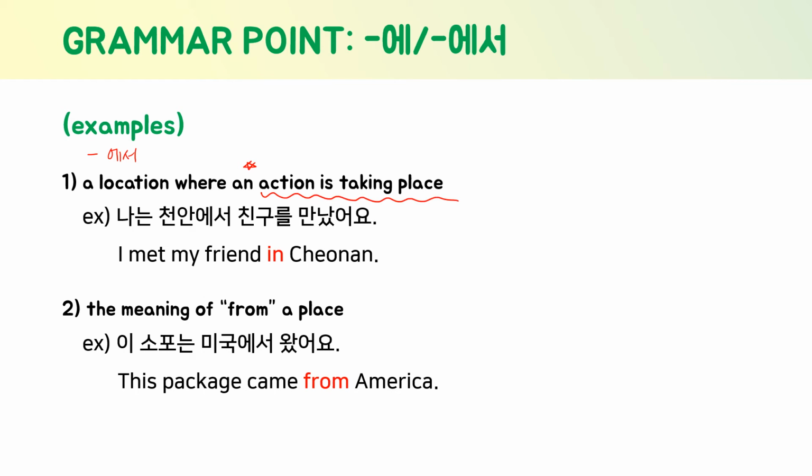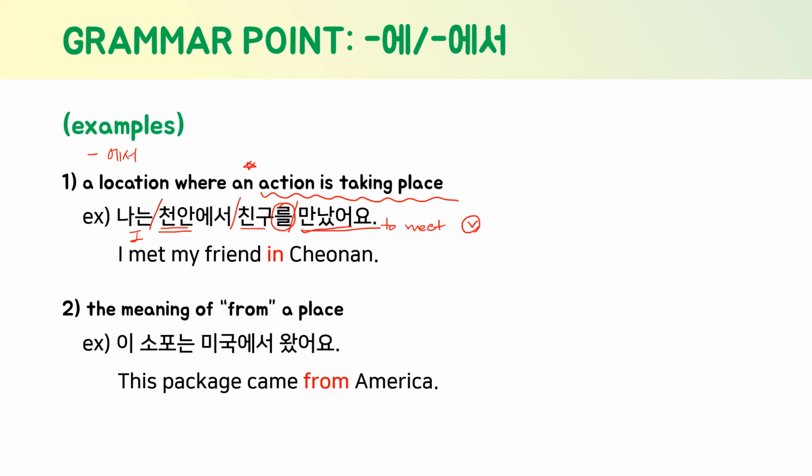For example, 나는 천안에서 친구를 만났어요. Subject, 나는, 천안에서, 천안 is a place, the name of a place. 친구를, a friend, object particle, 만났어요, to meet, the verb. So what's the verb here?